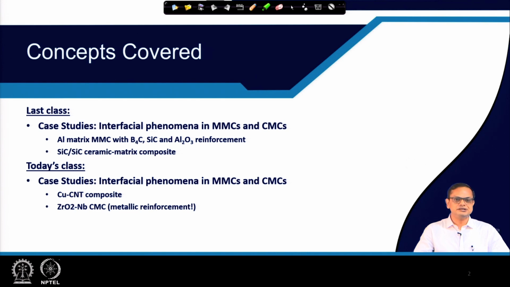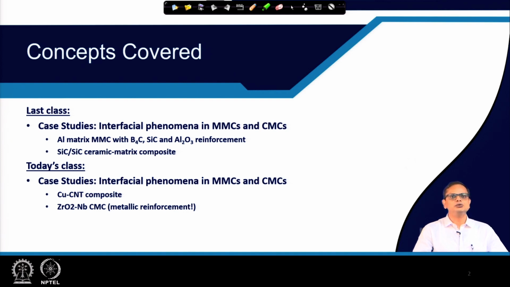In the last class I gave two examples. One was on MMC, where the matrix was aluminum and it was reinforced with three different kinds of reinforcement particles, and we discussed how the interface would be in these three cases.